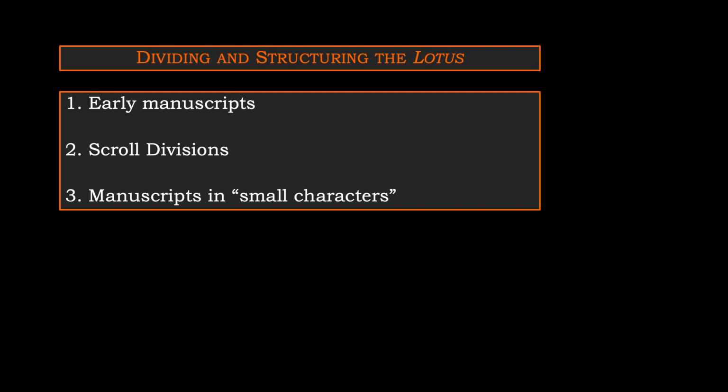Second, I will discuss some specific points regarding different types of scroll divisions attested in Dunhuang manuscripts. And to finish, I will highlight a few more things concerning a group of late manuscripts containing various major textual units of this scripture in one single scroll.